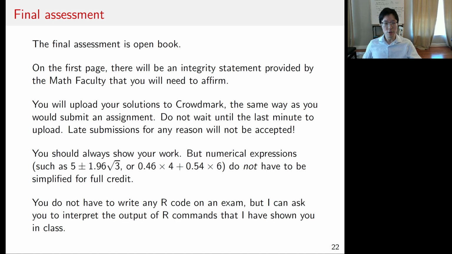Generally to use R, you would have the full data set, so I don't expect R to be particularly helpful for that purpose. Although of course, if you want to use R as a calculator, you're certainly allowed to do that. Though make sure you show your work in your submission.